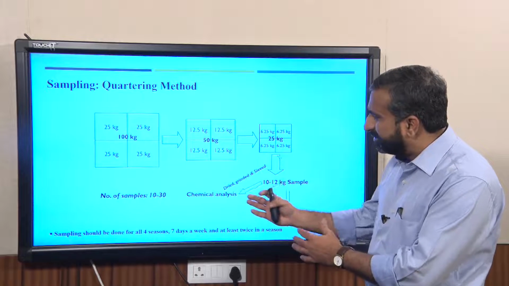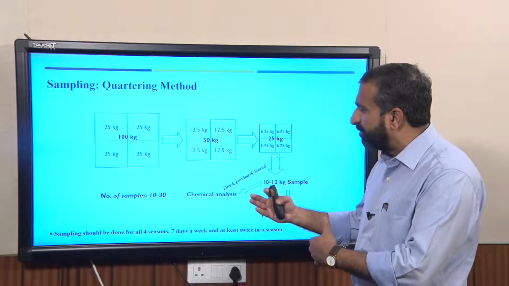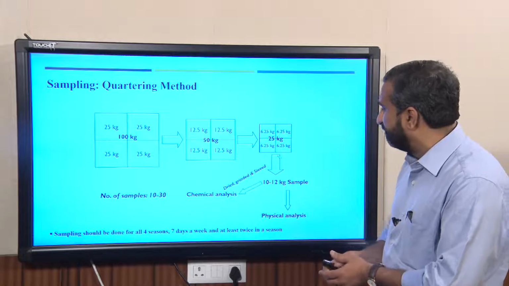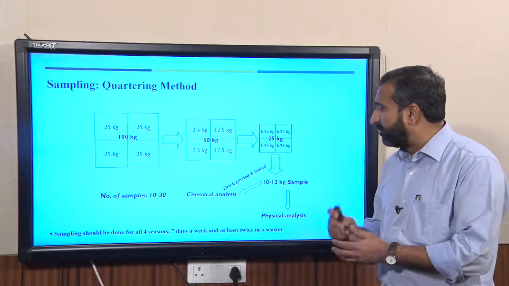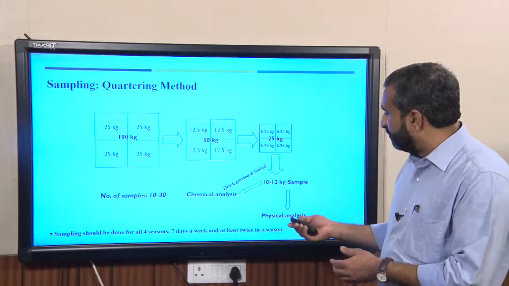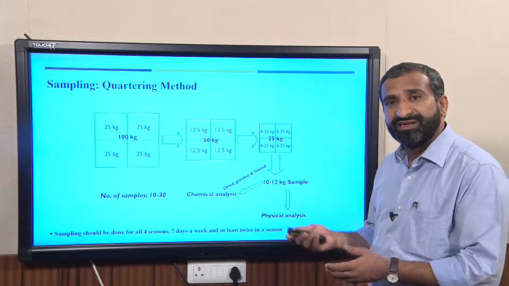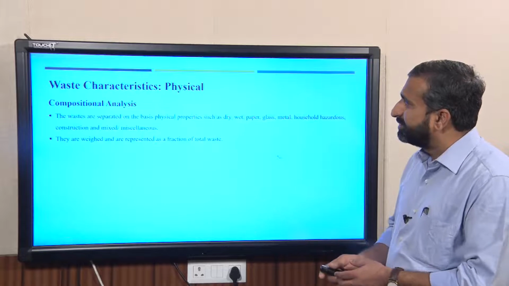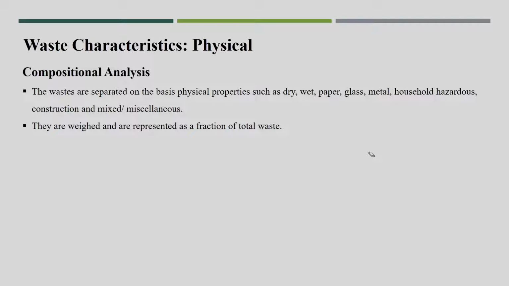The number of samples could go up to 10 to 30 from the different locations. Now first we will talk about the physical analysis, and after that the chemical analysis. In physical analysis we normally do the composition analysis.